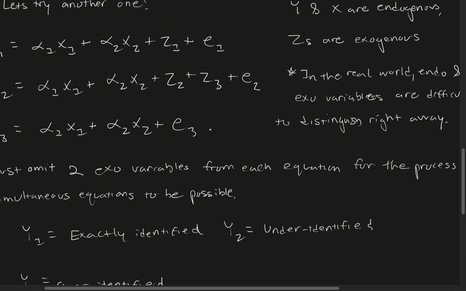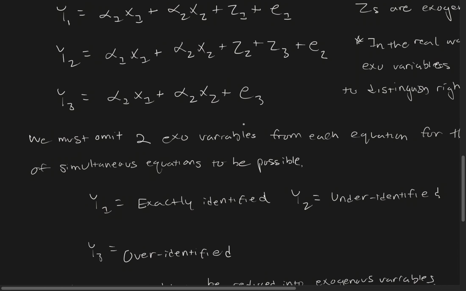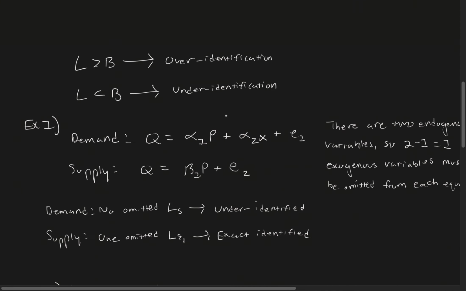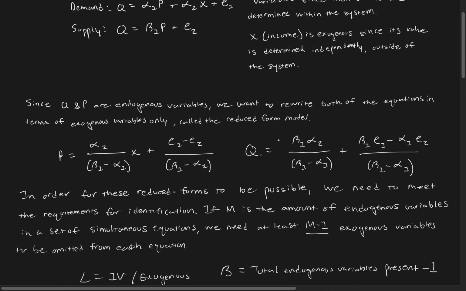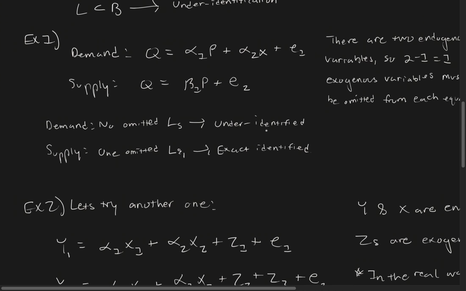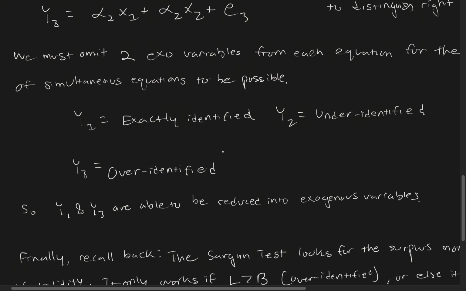And so recall that we need at least n-1 exogenous variables for the identification to work. And if identification works, then our reduced form model, where we put the variable or function into exogenous variables only, we can actually do that if it's exactly or over-identified.